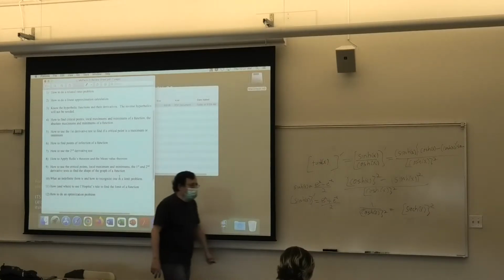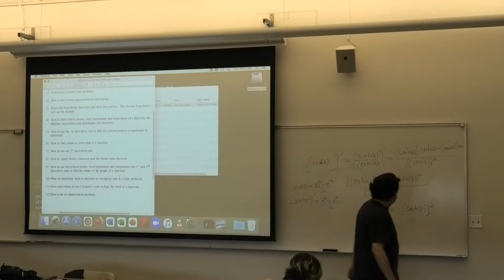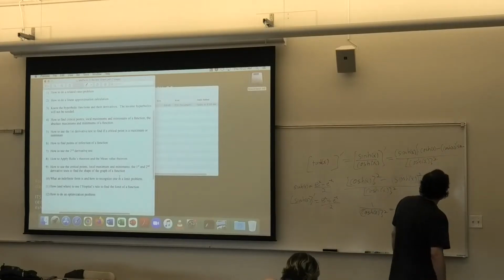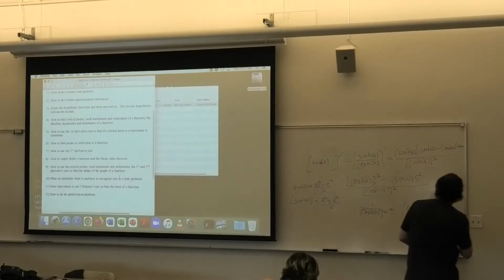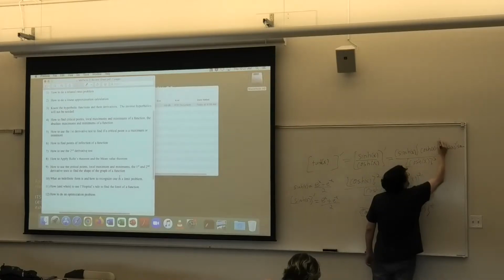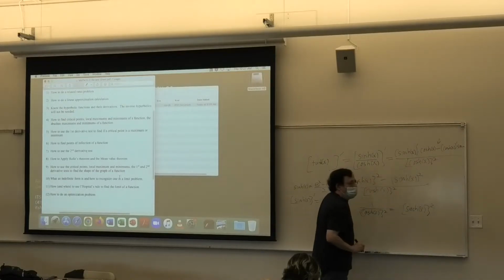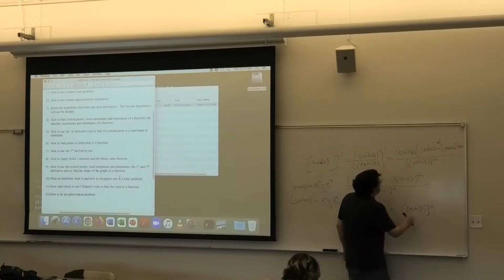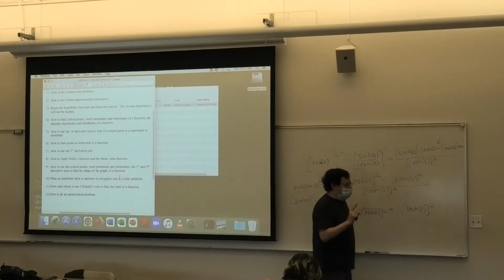Yes? Can I ask why it's minus hyperbolic sine x squared and not plus? Well, this minus comes from the quotient rule. And the derivative of cosine is negative sine?